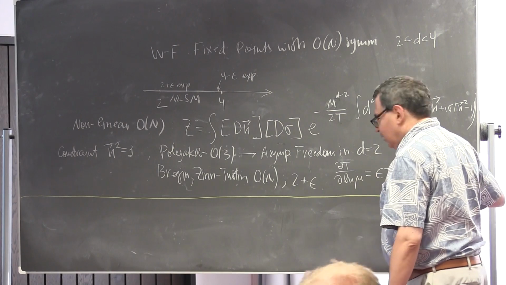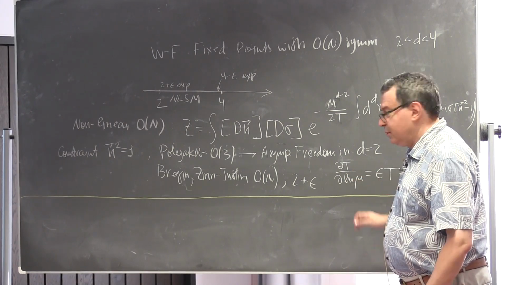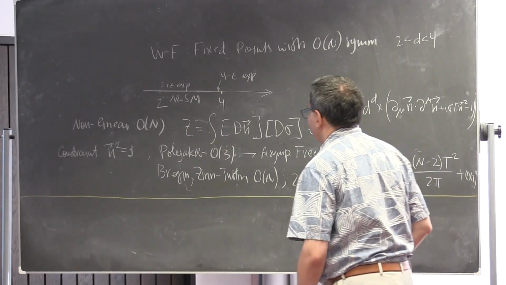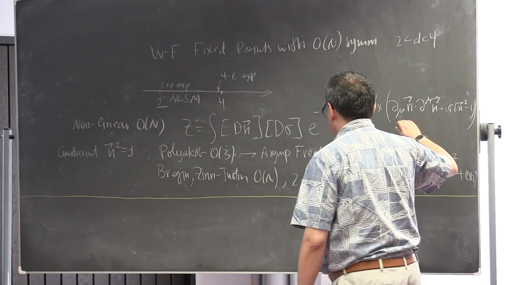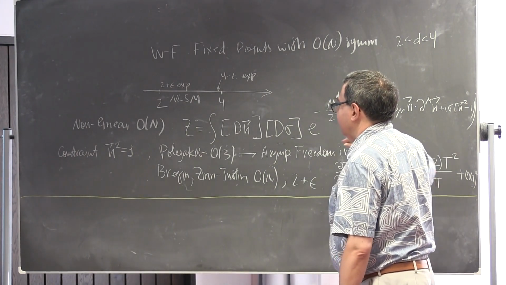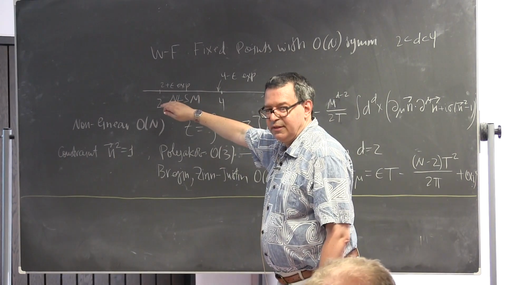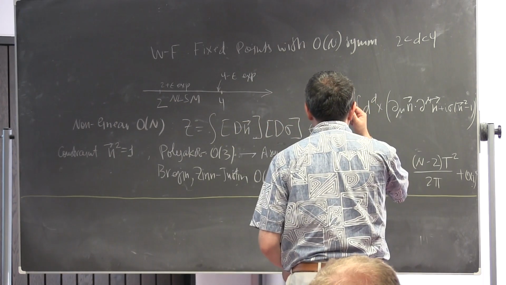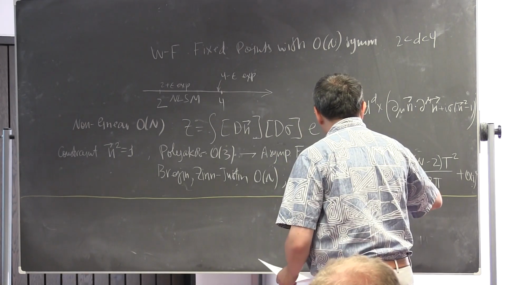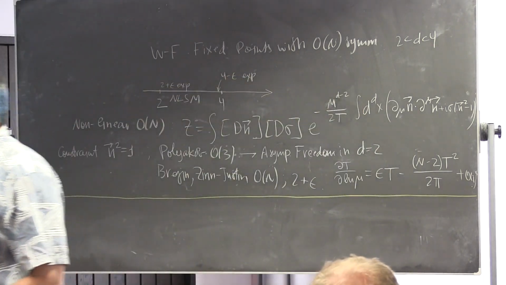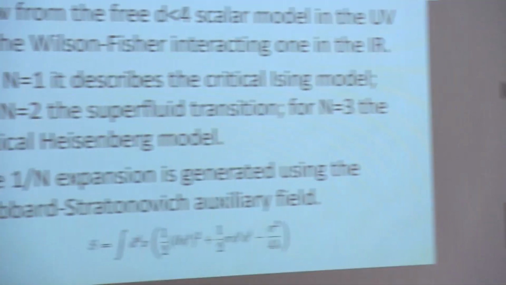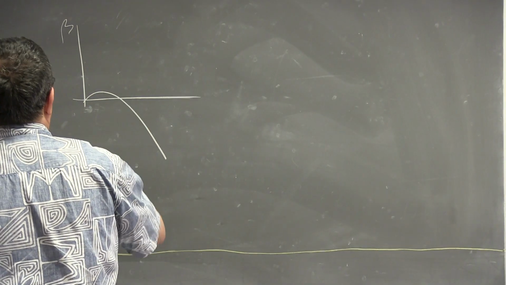And again, I believe this also is reviewed in Peskin and Schroeder. And the whole point is that this theory is actually not renormalizable above 2 dimensions. So nowadays people talk a lot about non-renormalizable theories. If you plot this beta function, it basically looks like this for small epsilon.